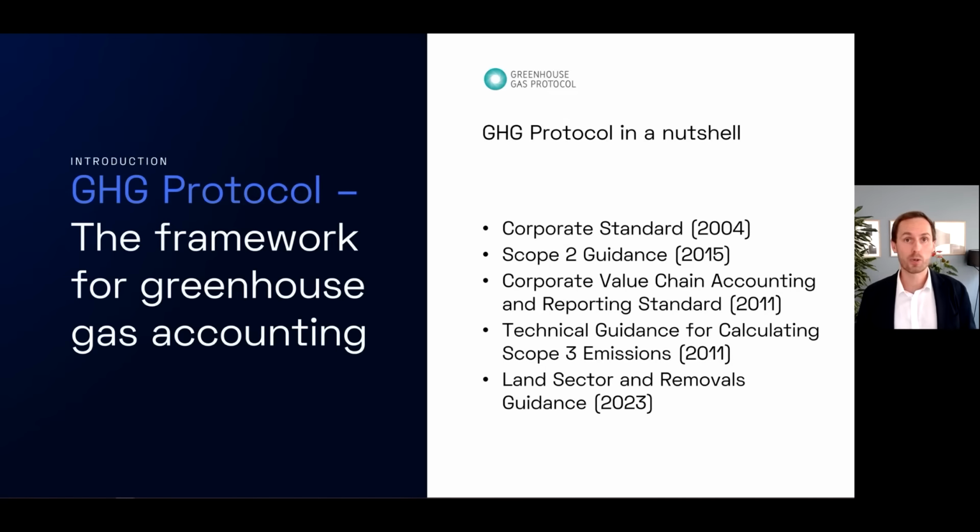The Greenhouse Gas Protocol publishes a set of different standards. The corporate standard, which is the main standard when we're looking at scope 1, 2, and 3 emissions, but there are others as well, such as the product standard, and the most recent one on the land sector and removals guidance published this year. So this gives a good framework to get started.